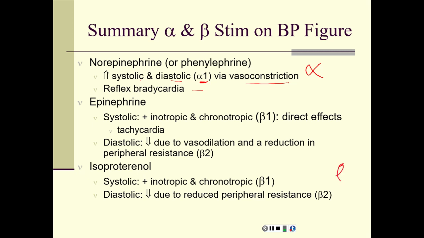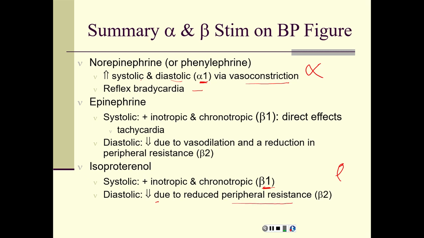The pure beta effect is that you see an increase in heart rate and strength of contraction. Remember the pulse pressure, which indicates the strength of contraction of the heart, was greatly increased, and the heart rate went up to 240. So that was a beta-1 receptor-mediated effect, and the diastolic effect was reduced due to the decrease in peripheral resistance.